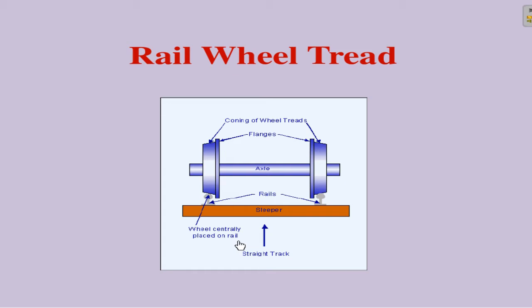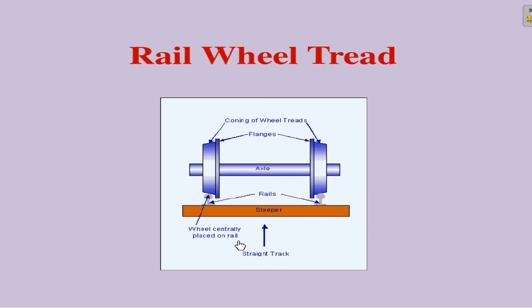Now when the train has to encounter a curve, just imagine that instead of keeping the wheel in a sloped position, it is kept flat. What happens?